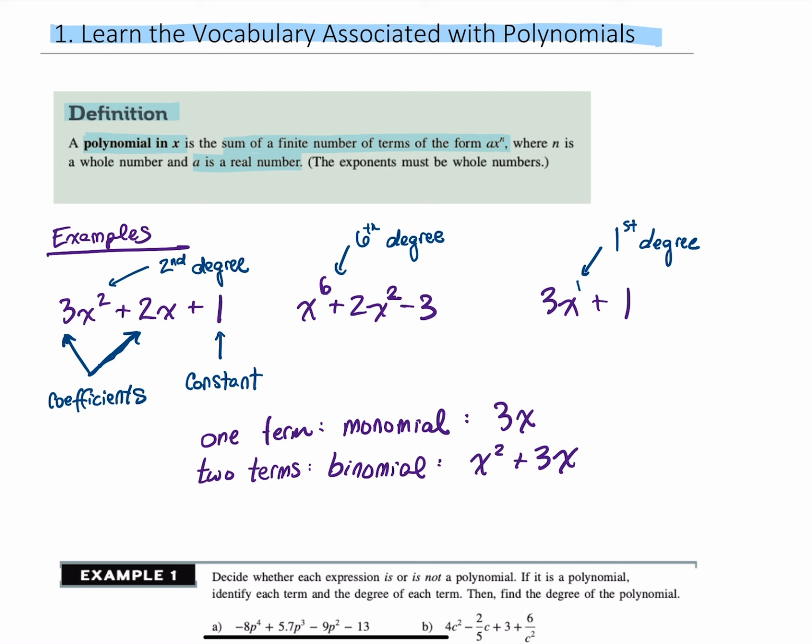Two terms, that'll be a binomial. And if we have three terms, we can call that a trinomial, like 8x cubed plus x squared plus 3x. And we can have as many terms as we want, but for the first three cases here, we have some special vocabulary. Maybe for the fourth term, we can call it a quadrinomial.